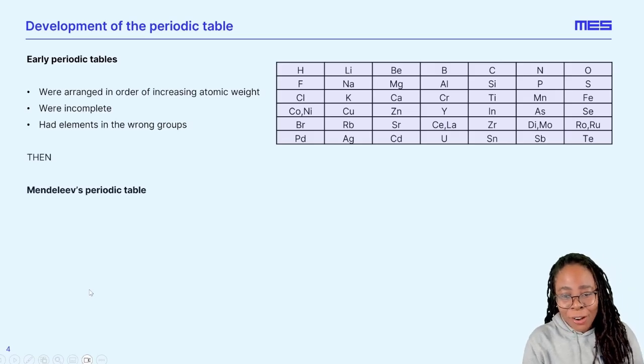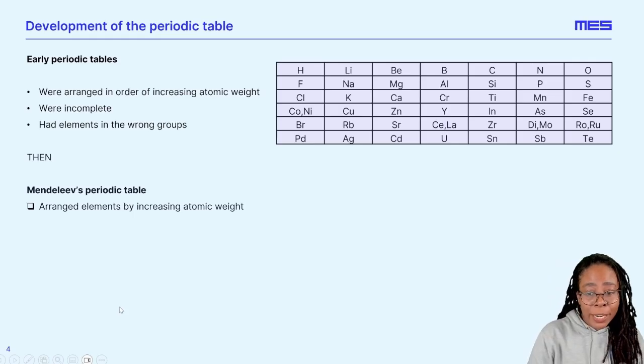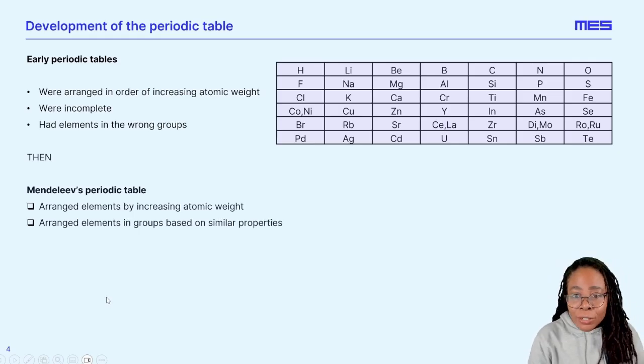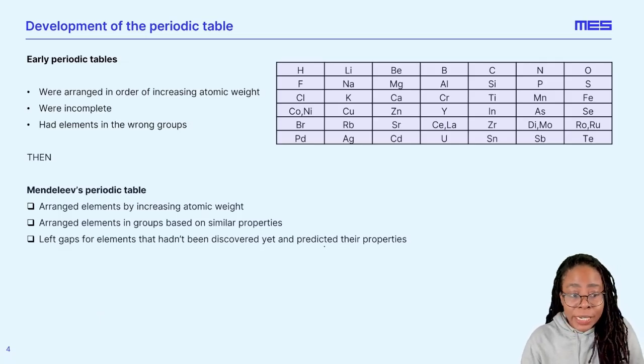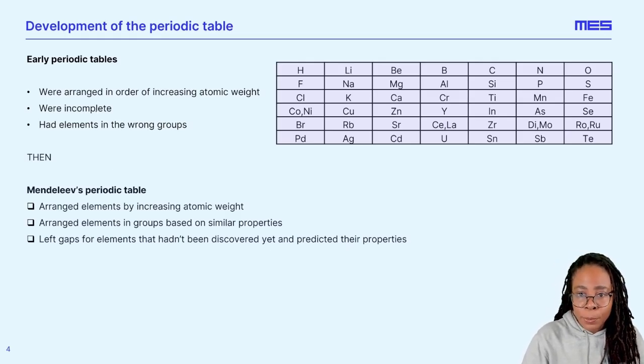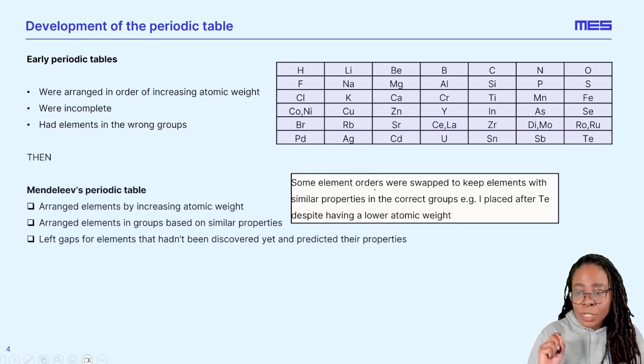Then Mendeleev came along and developed that periodic table further, still arranging elements by increasing atomic weight, still arranging elements in groups based on their similar properties, but he also left gaps for elements that hadn't been discovered yet and predicted the properties of those elements. Now, unlike the earlier periodic tables that had some elements in the wrong groups, Mendeleev swapped the order of some elements to make sure that elements with similar properties were in the correct groups.